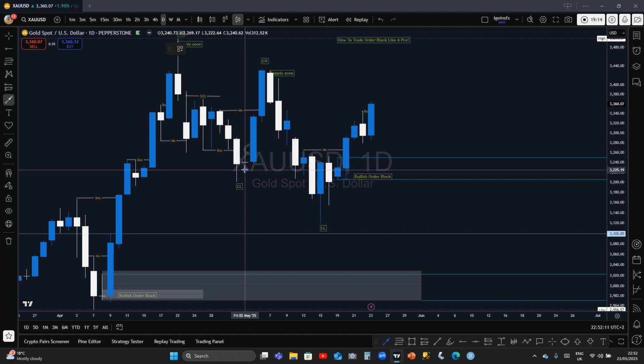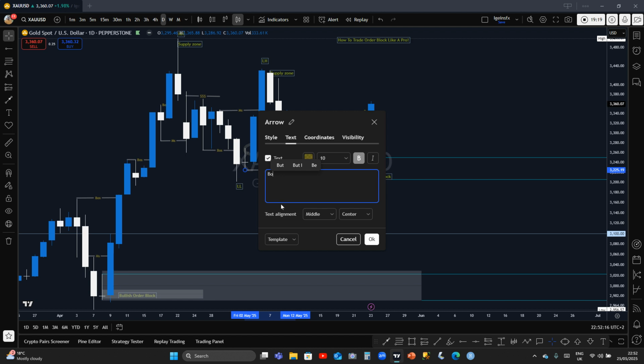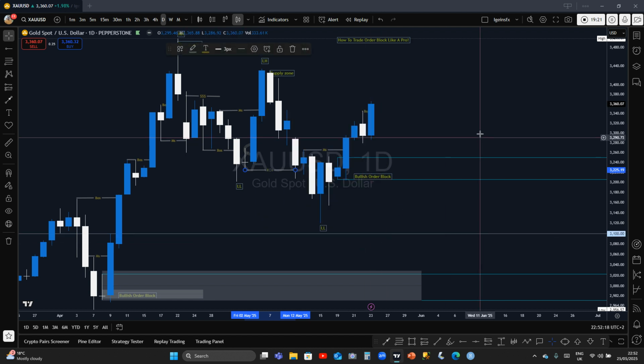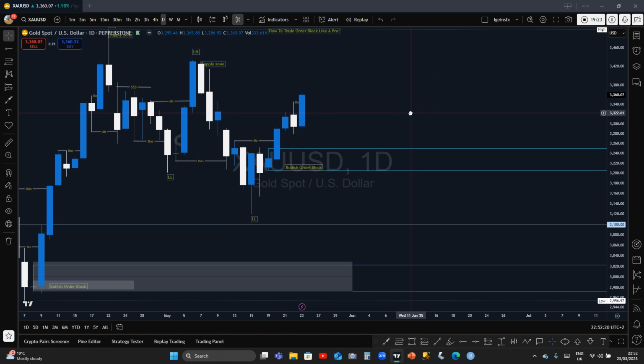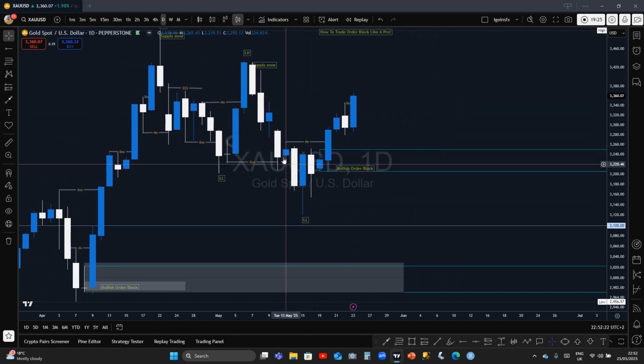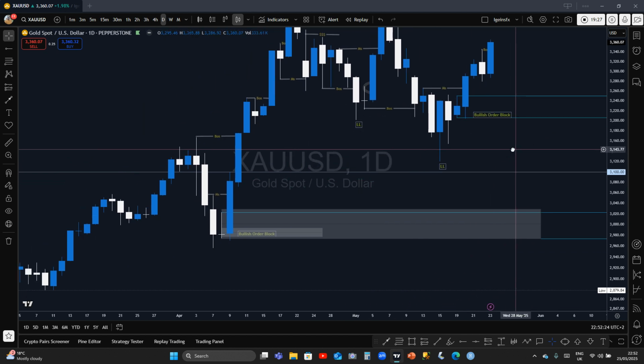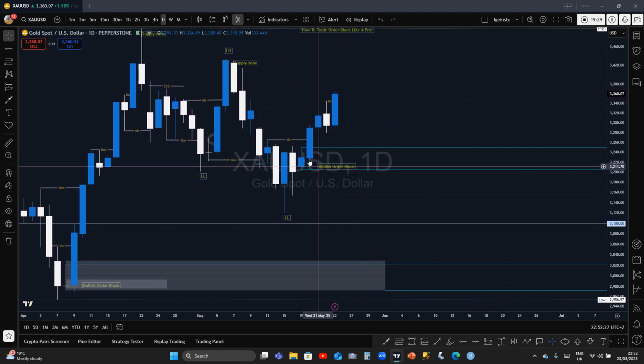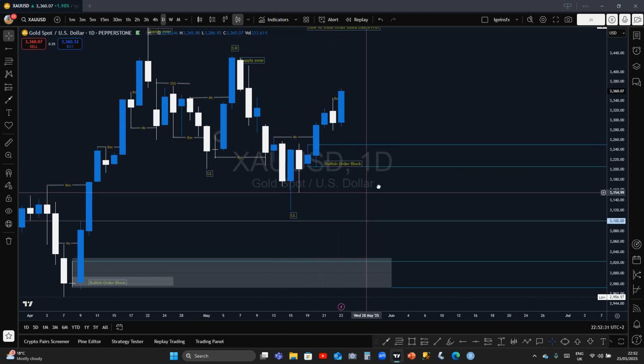We'll now say from here, break of structure. So a new trend is established. So at this point, price will pull back again, then break structure to the downside.